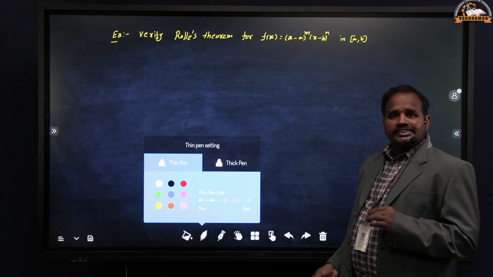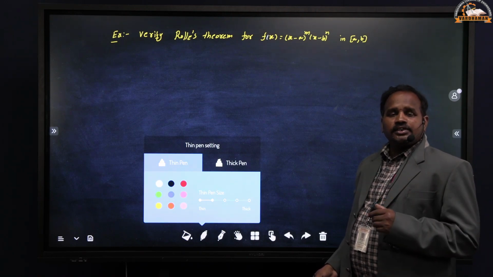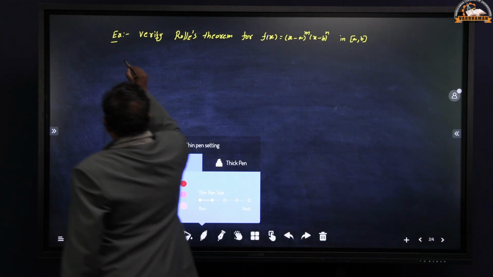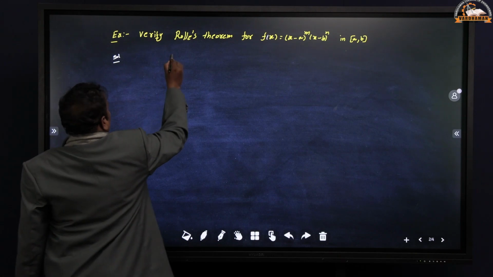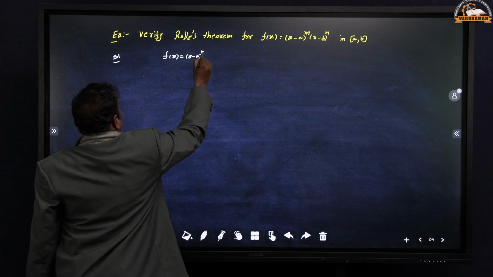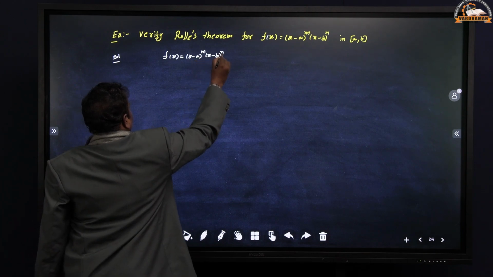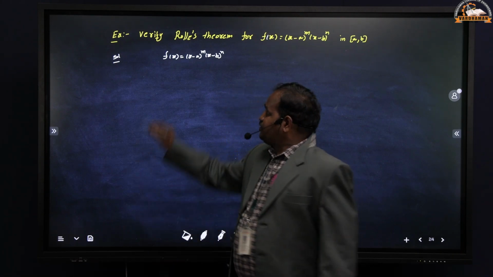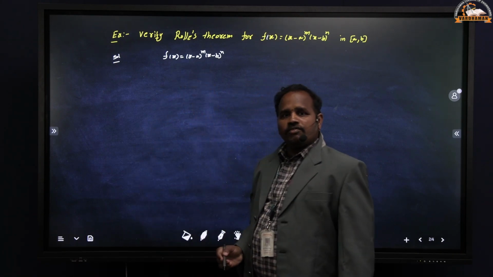If these three conditions are satisfied, then only Rolle's theorem is applicable. Now take the given function f(x) equal to (x minus a)^m (x minus b)^n.